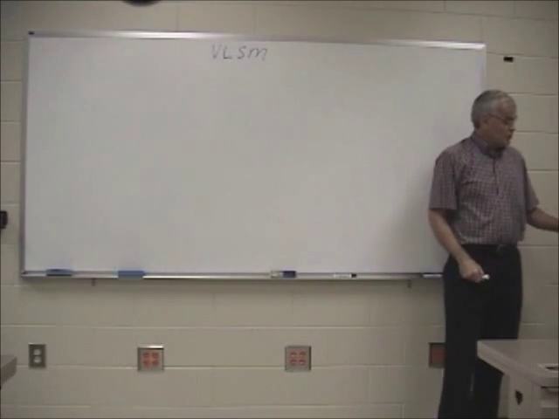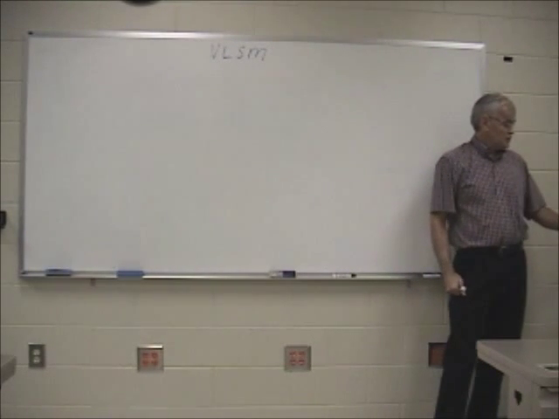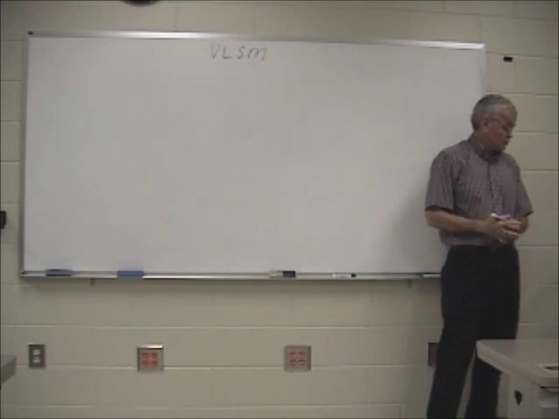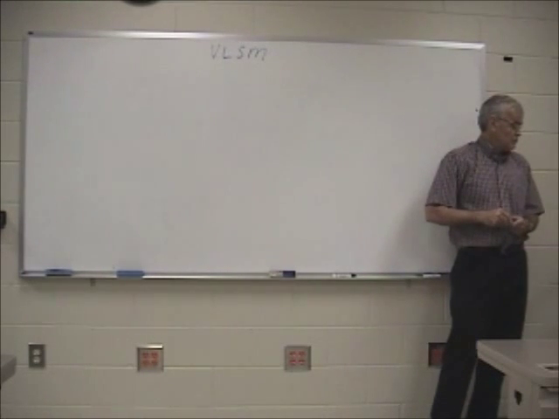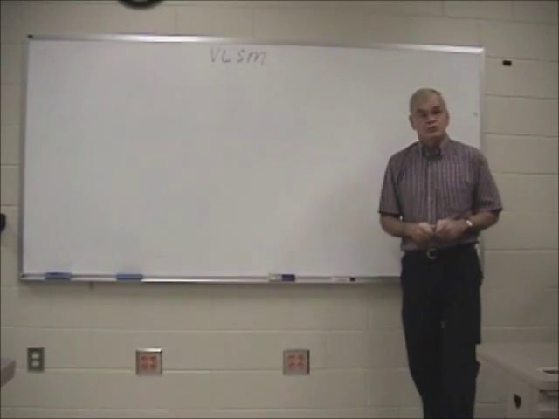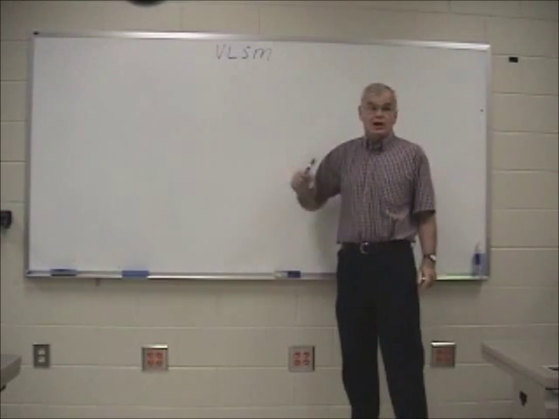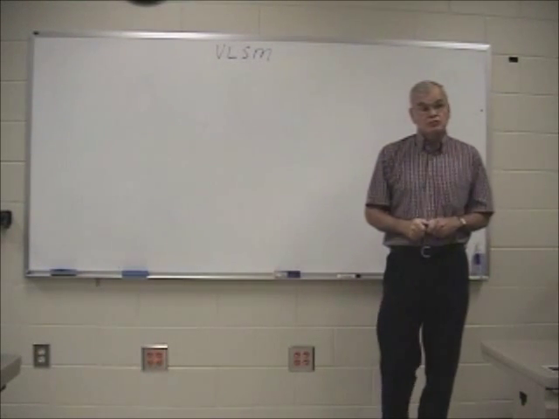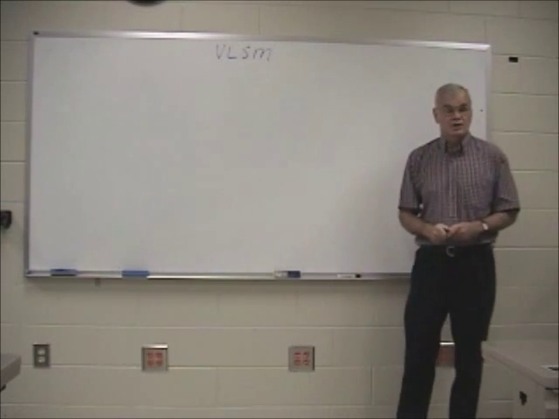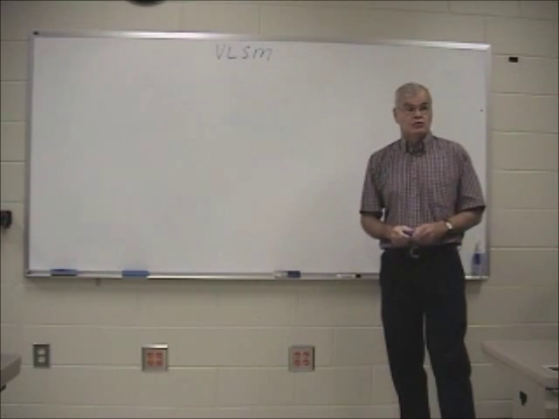And consider VLSM, it's a solution to the whole problem, which is variable length subnet masking. It became popular in the late 90s with the original running out of IP addresses.